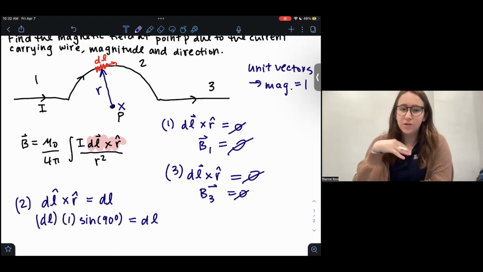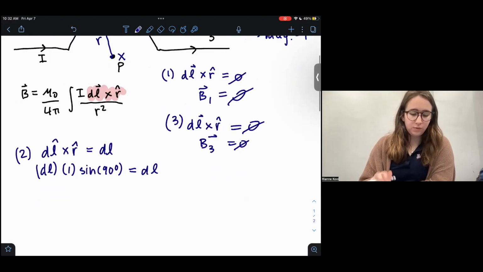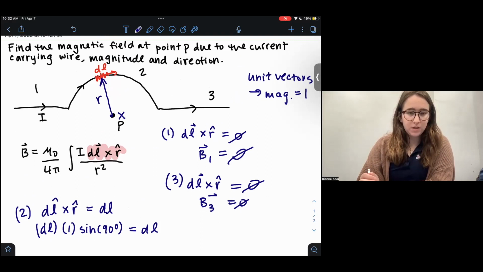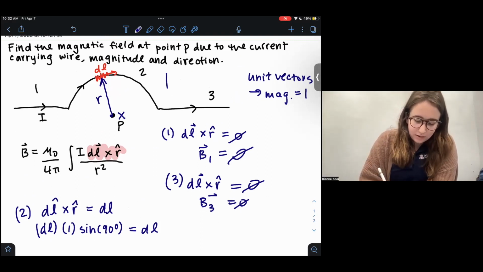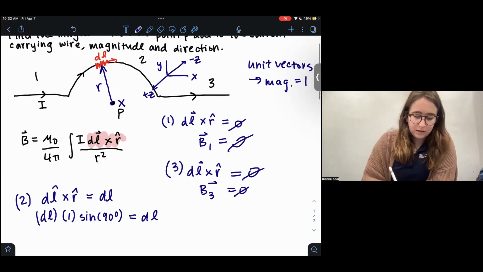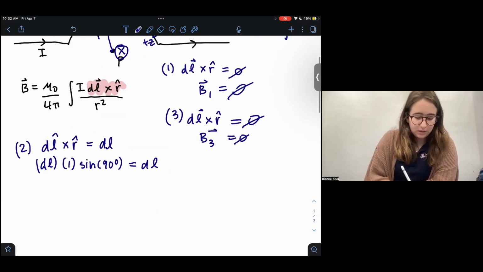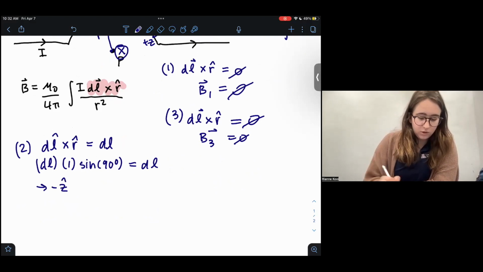Just keep it simple so that this can be in general terms. So we want to find our B field at point P. We've already decided that's going into the board. To define how this is set up, I would say that we could call this y, this is x, this is positive z, and this is negative z. Since it's going into the board, let's say that it has a negative z hat direction.